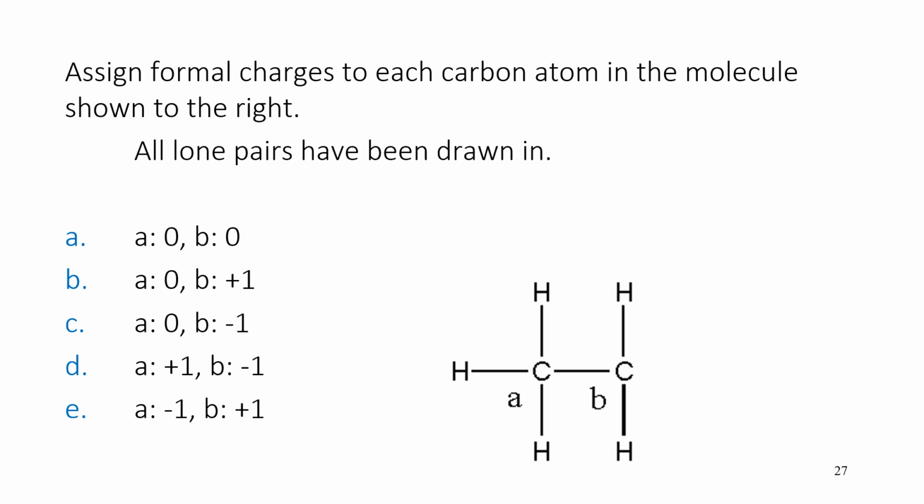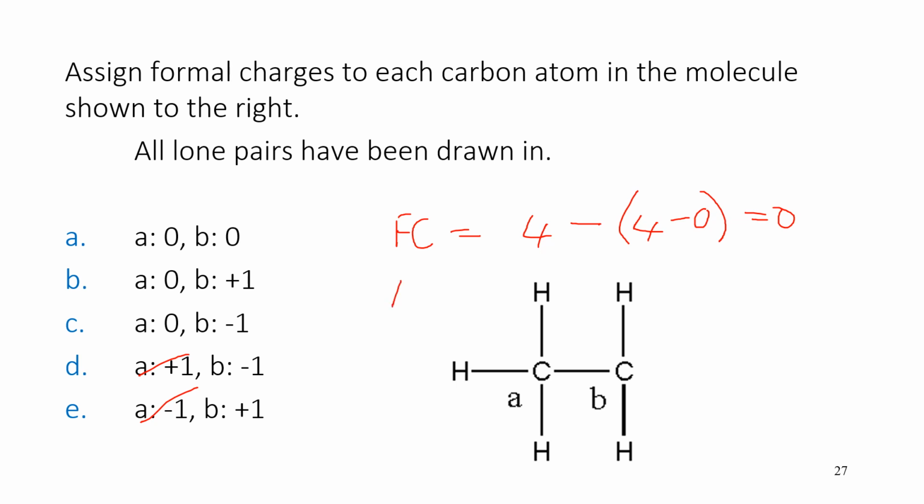So for carbon, the number of valence electrons is 4, minus the number of bonds, in case of A, which is 4, minus the number of unshared electrons, which are 0. So the answer is 4 minus 4 equals 0. So we immediately know that the formal charge of carbon A is 0. That means we can eliminate D and E. We move on to B.